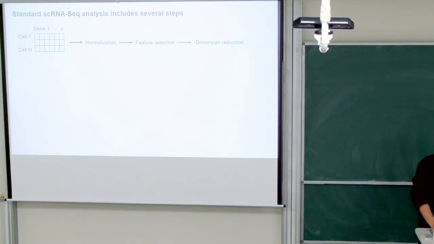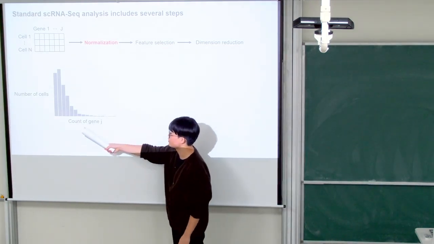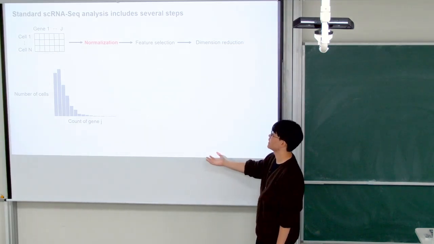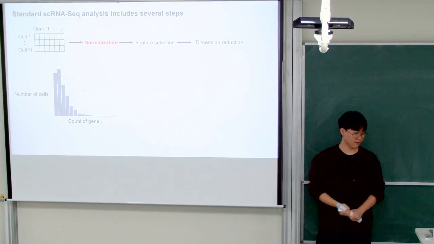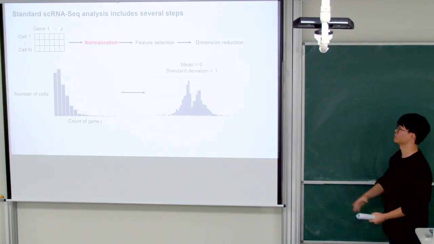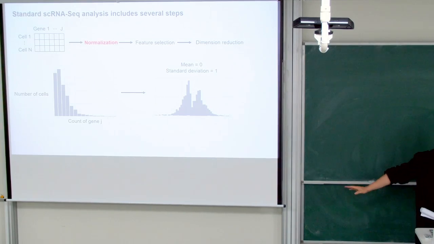First, normalization. For each gene, we have a distribution across cells, and we normalize these distributions to make the mean equal 0 and the standard deviation equal 1.